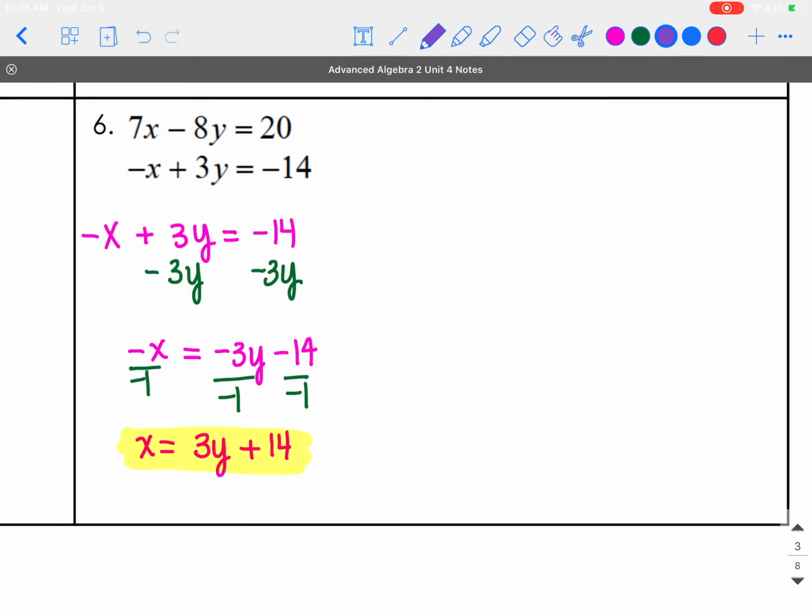Here's where we have to do it a little differently. Instead of finding the y in the other equation, I'm finding the x in the other equation, because that's the one that I have x equals. So I'm going to plug in for x.